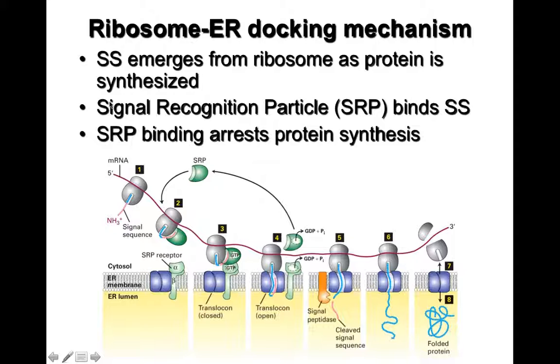SS is the signal sequence, and SRP is the signal recognition particle. Those are some key abbreviations to understand for this process. What is happening here is we have a ribosome in the gray, and here our string of messenger RNA in this dark purple maroon-like color.